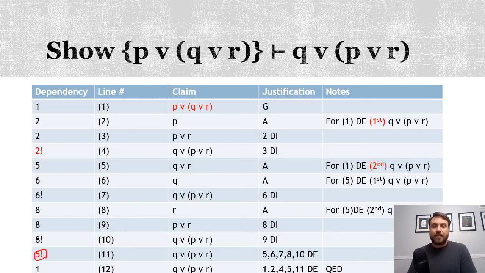So we say here Q wedge P wedge R, again citing line 1, which was the first disjunction that we started with. That's our given, okay?